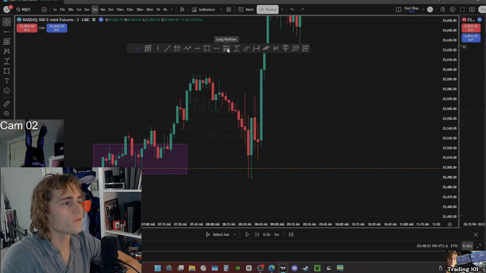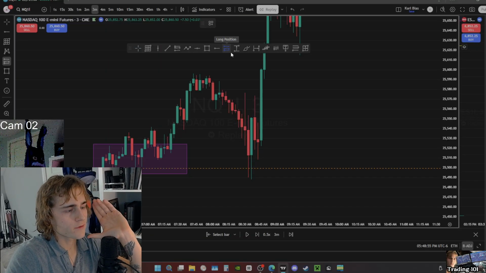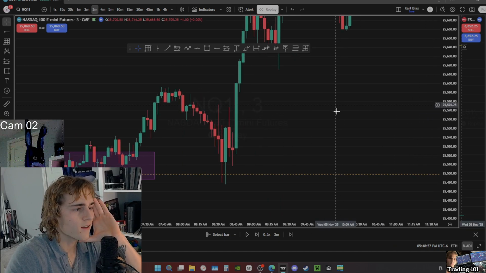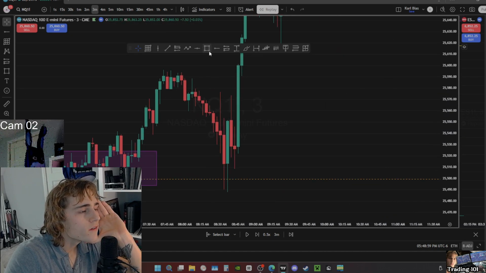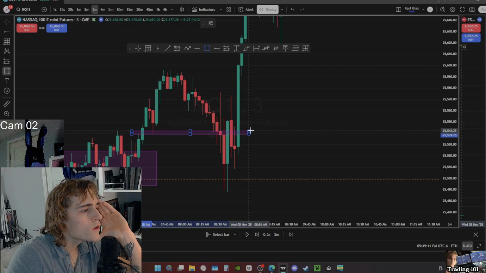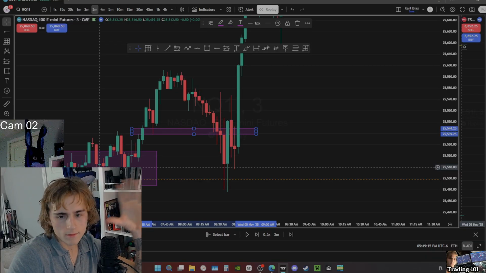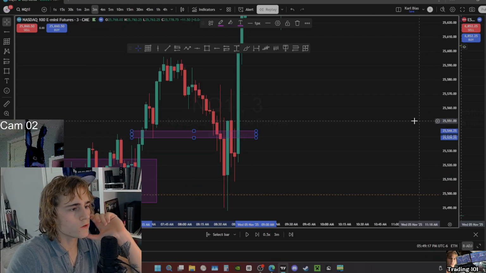Since we've learned about break of structures and fair value gaps, look at this. We sweep, okay. These are filled fair value gaps. These are filled. This one isn't completely filled. It was filled before we touched this point, so later on I'll tell you why you wouldn't want to use that, but look.